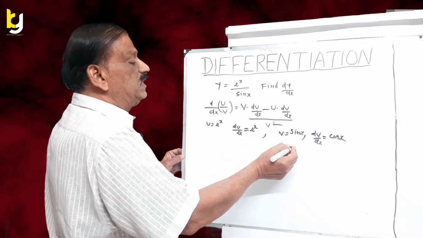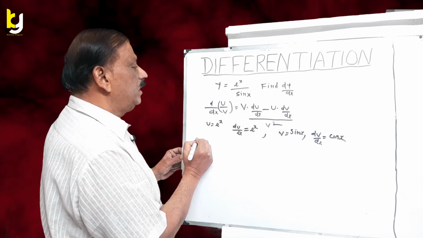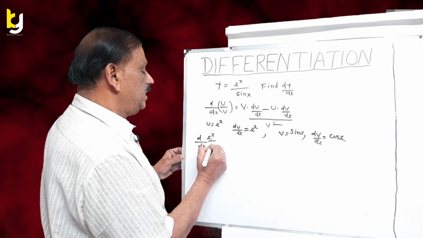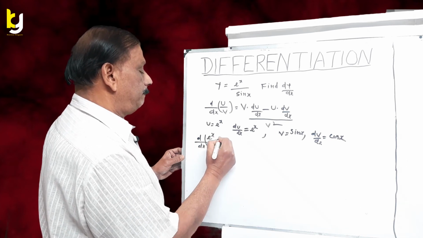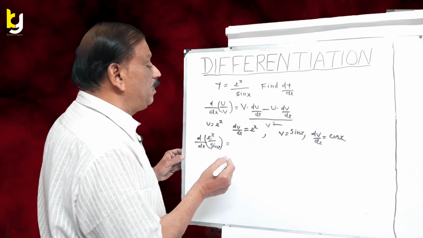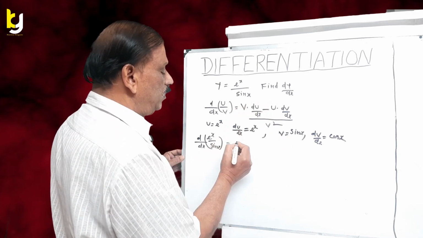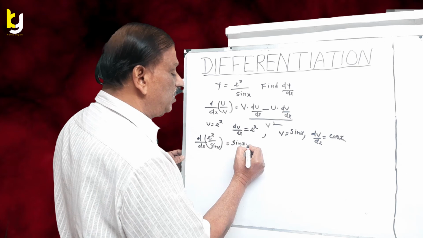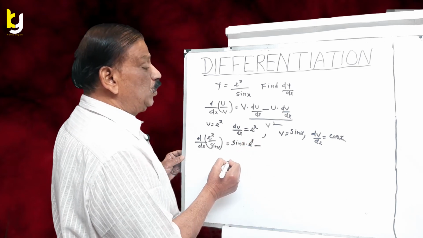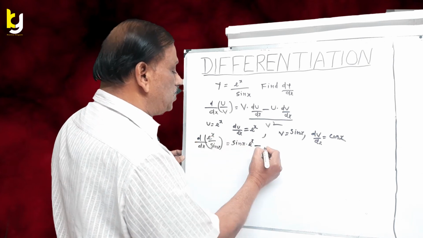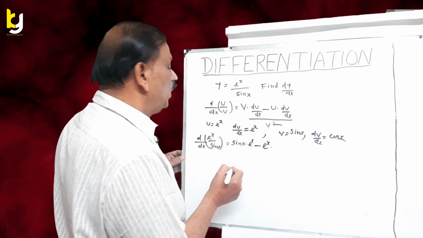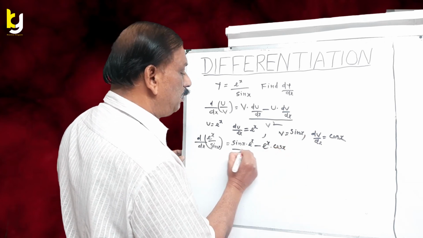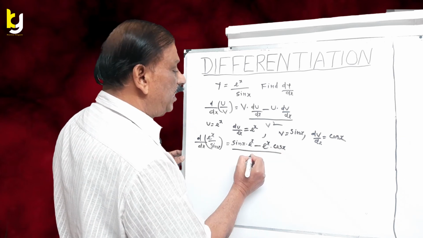Then substitute these values in this equation. Therefore, d by dx of e raised to x by sin x equal v into du by dx. v is equal to sin x into du by dx. du by dx equal to e raised to x minus u into dv by dx, u is equal to e to the power of x. dv by dx equal to cos x, whole divided by v square. v is equal to sin x.